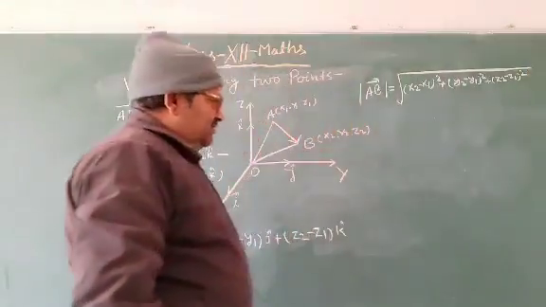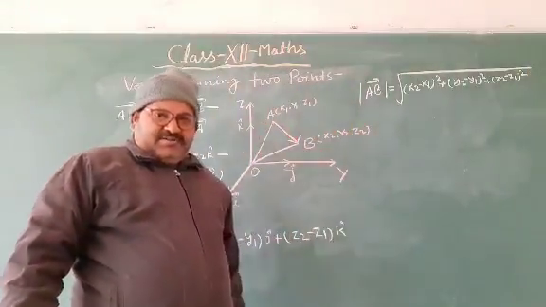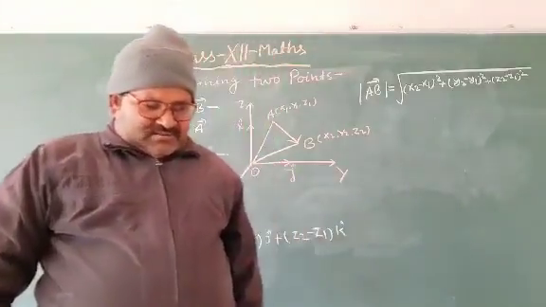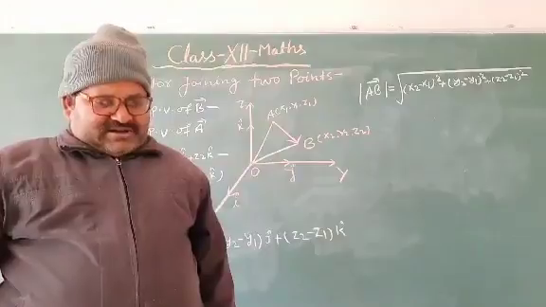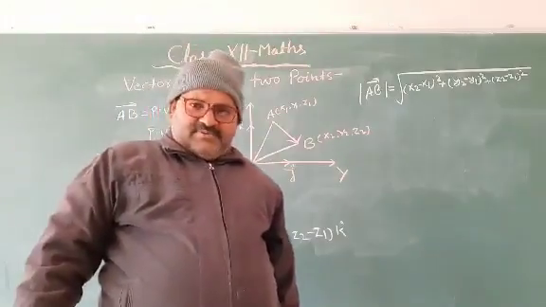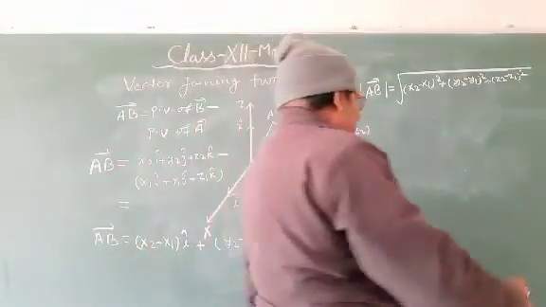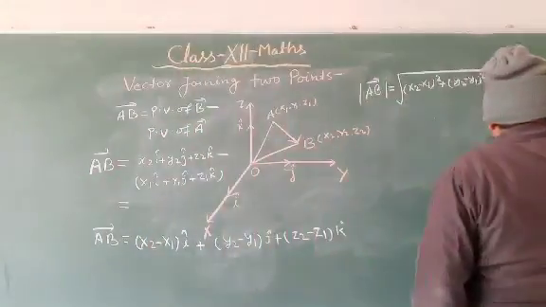This is the modulus of vector AB. Clear? Okay. So next is the section formula.